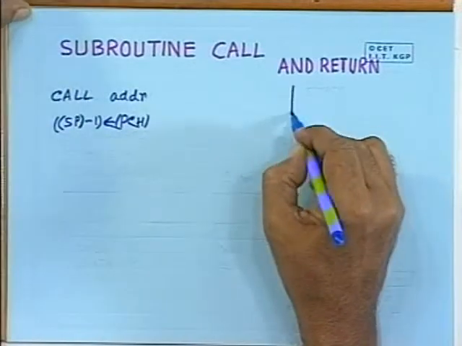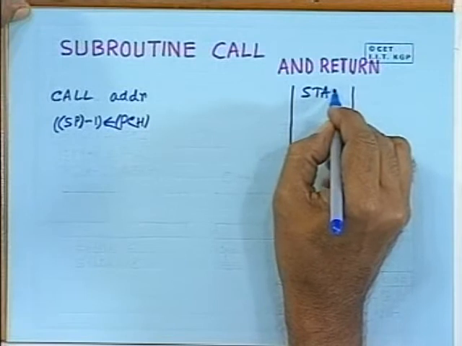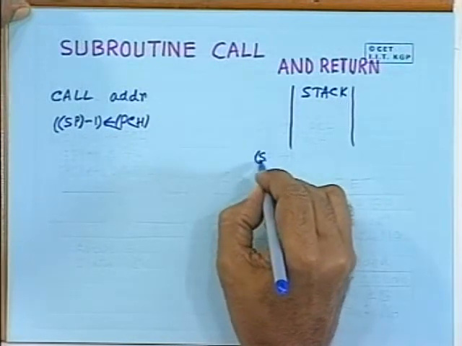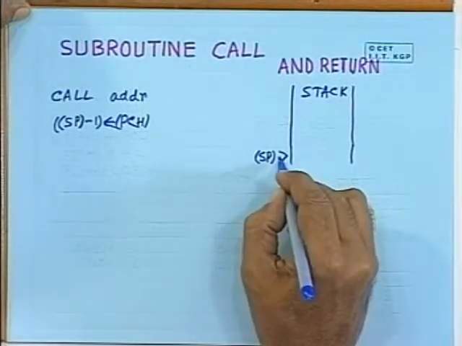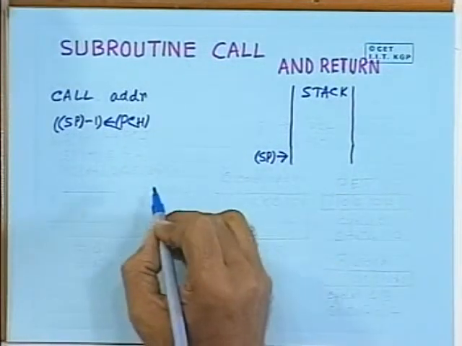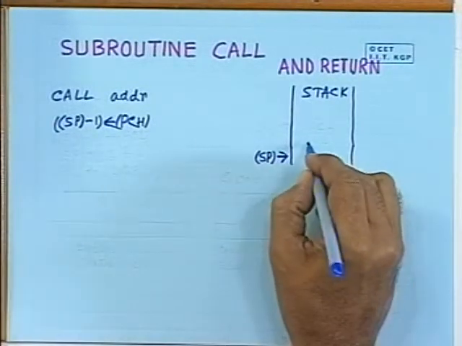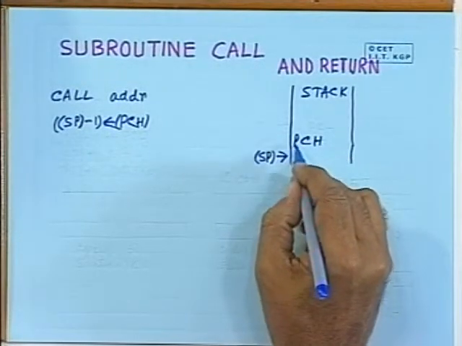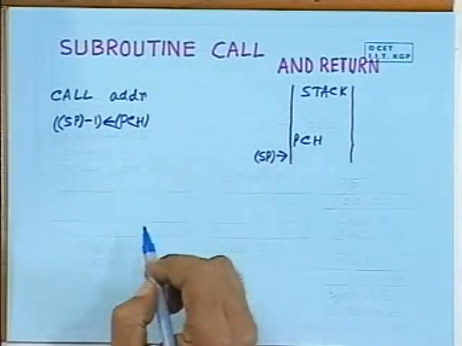For example, let's assume this is your stack. We know that the stack is implemented with the help of a stack pointer. Let's assume the stack pointer is pointing to this location. In case of 8085, the program counter high value, PC high, will be loaded in the next lower location, SP-1, as you can see here.